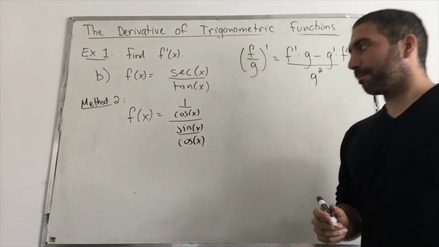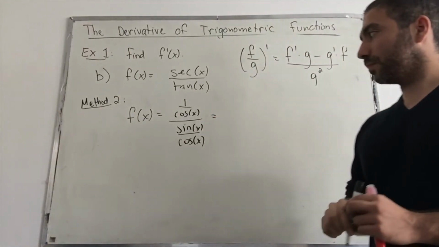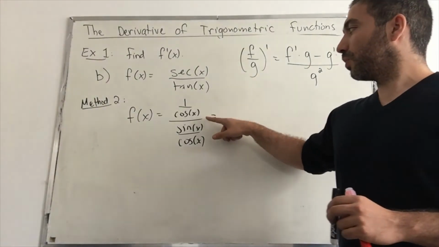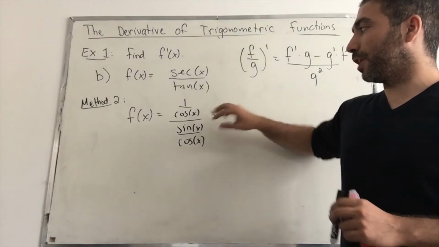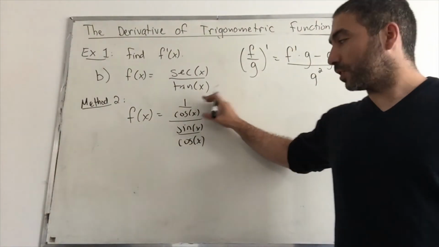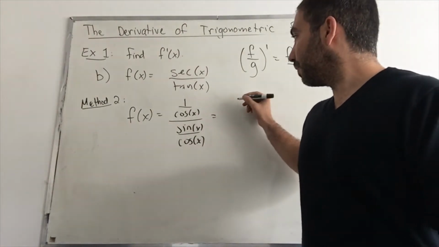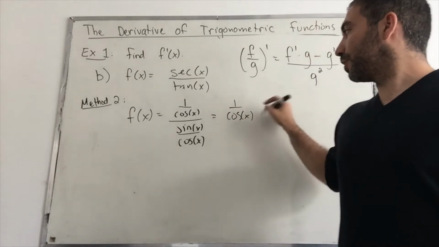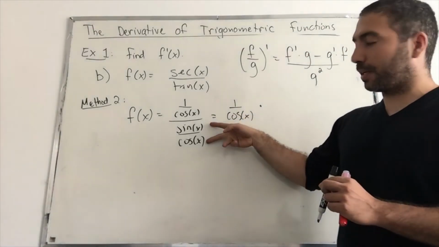One over cos divided by sine over cos. You have a fraction divided by a fraction, which means that you could multiply by the reciprocal. So the first fraction, 1 over cos, we leave. The division turns into a multiplication sign, and then you flip the second fraction.